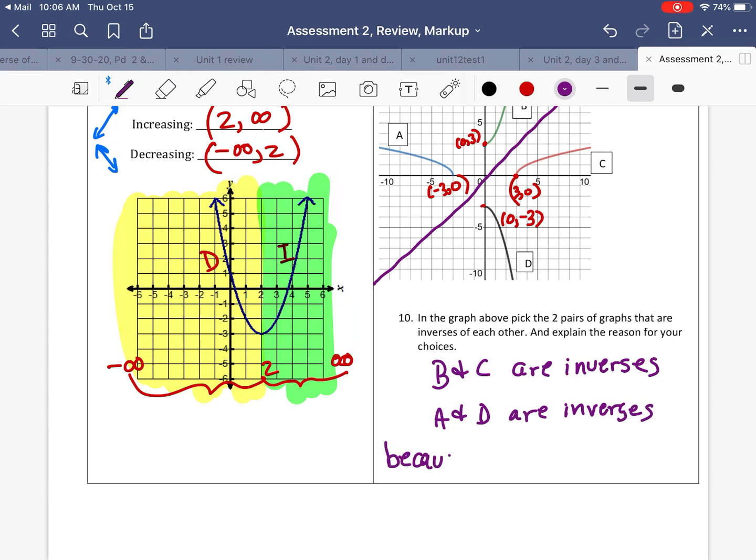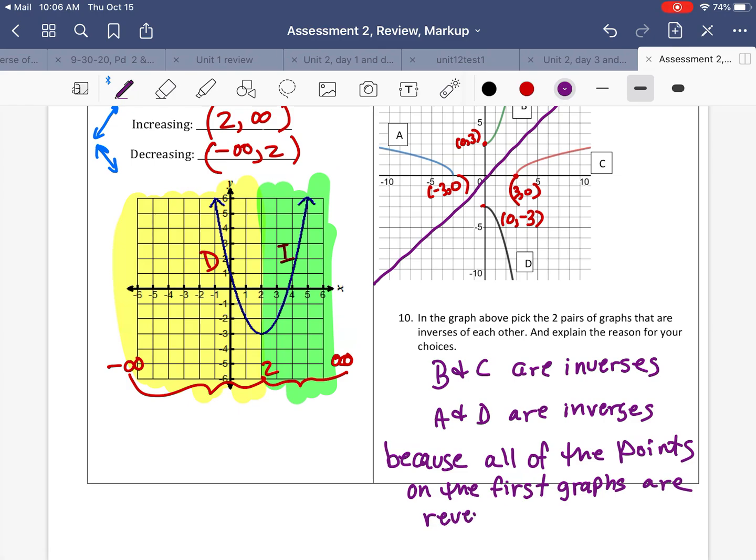Because all of the points on, let's say, the first graph are reversed on the second graph.